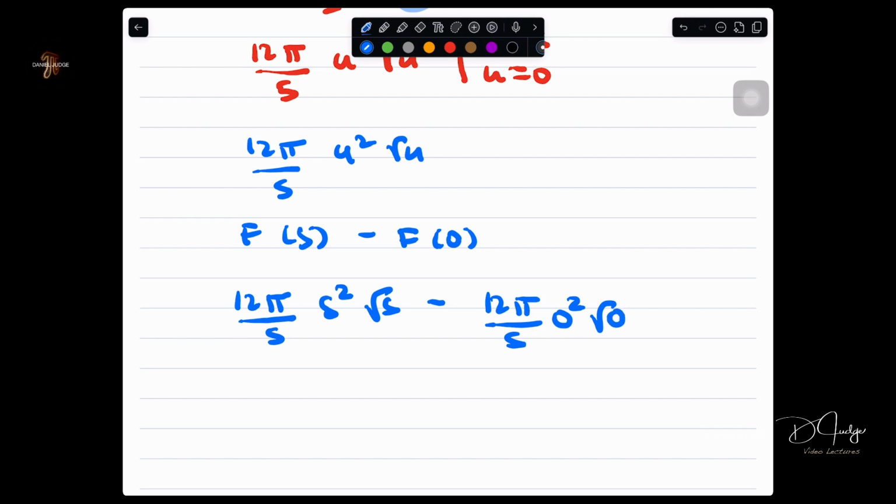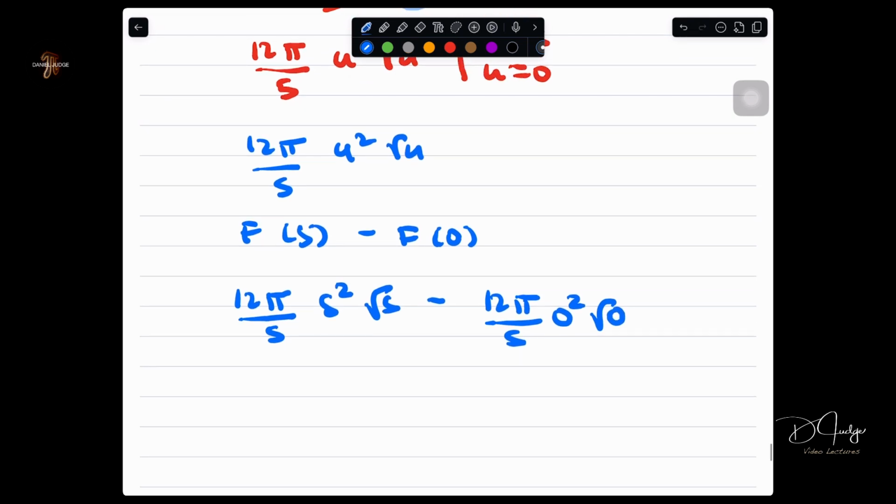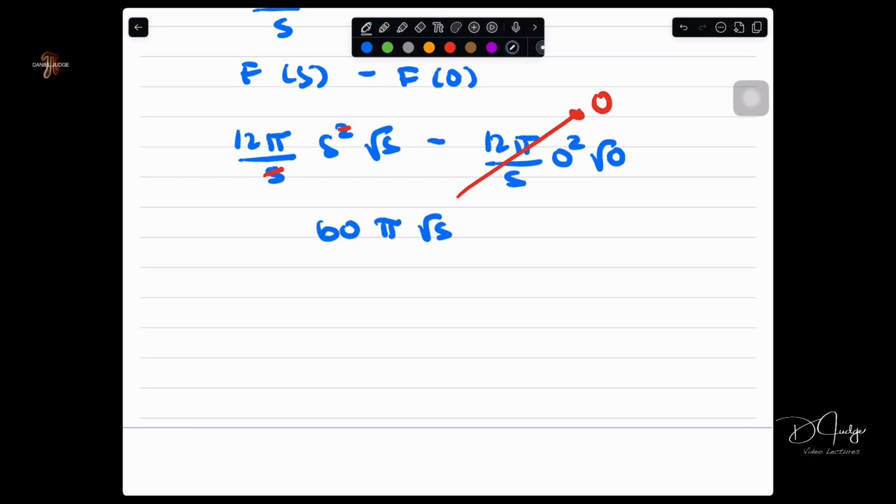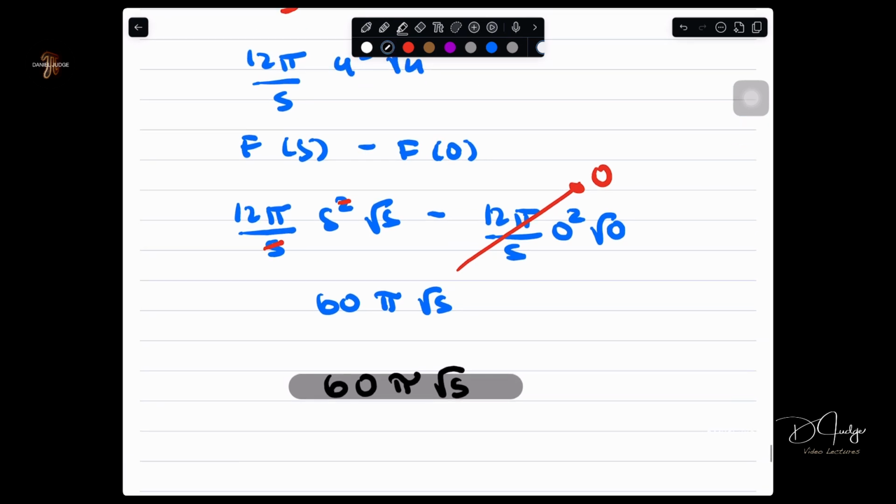Square root of 0 here, so this portion is 0. And it looks like we can cancel one of these 5s. So we end up with 60 pi square root of 5. So here's going to be your surface area. So there you go, ladies and gentlemen. Here is the answer to question number 8.